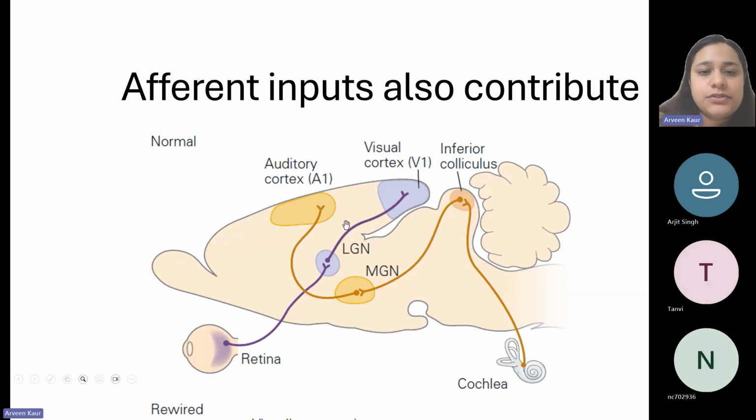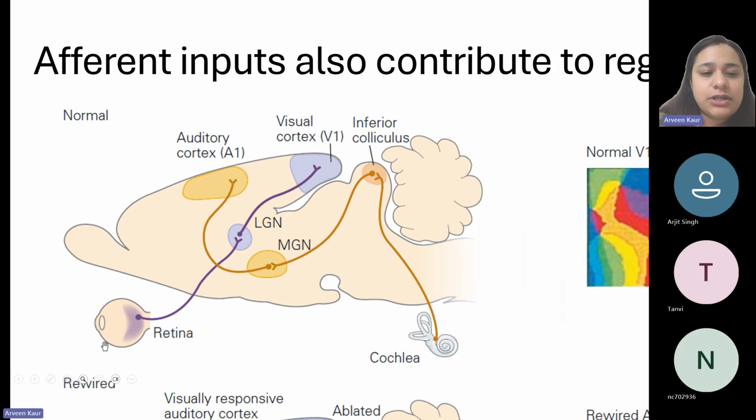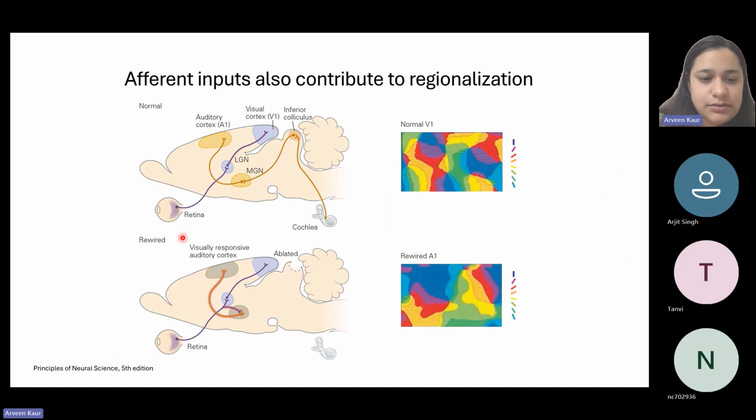Yes. So over here, you can see that there is a visual stimulus that is being received by the brain and an auditory stimulus that is being received by the brain, right? So this visual stimulus is okay.